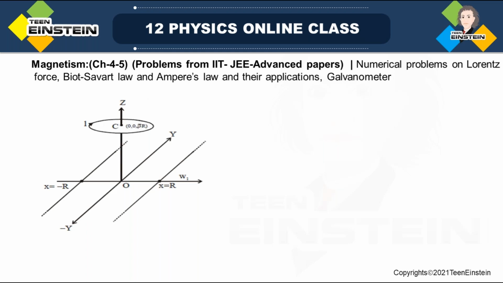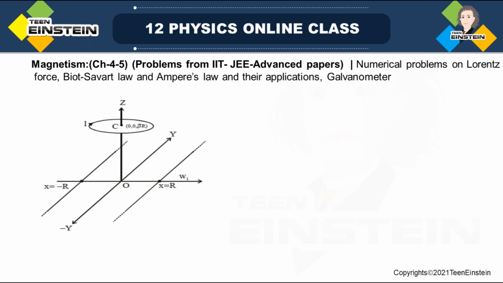I'll just go to the figure right here. See, there are two infinitely long parallel wires. One is located at x equal to minus r, another one is located at plus r distance from the origin, and these are in the xy plane as you see.